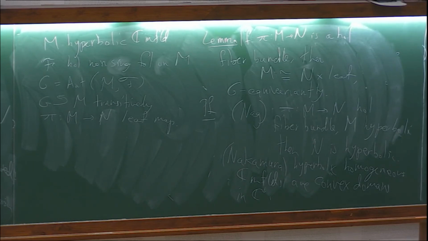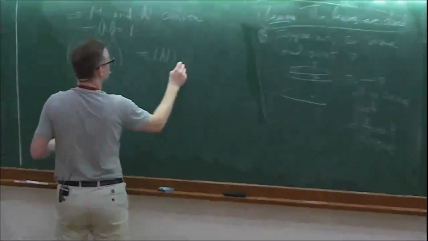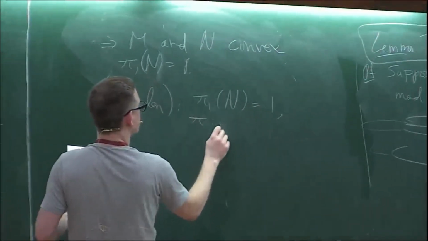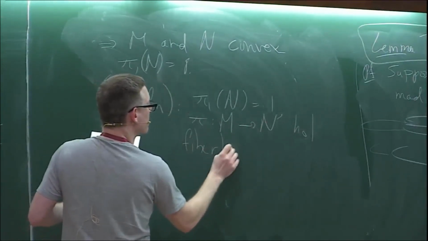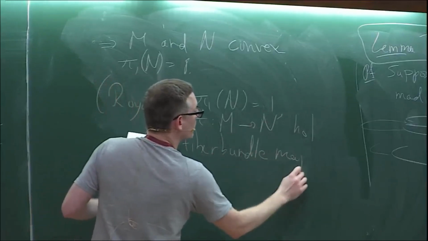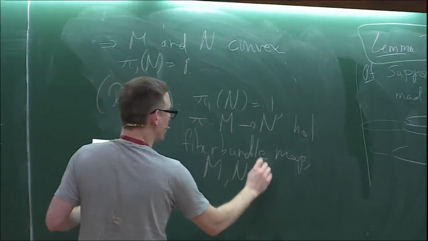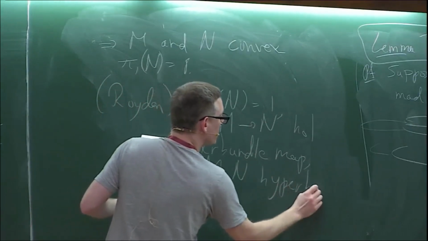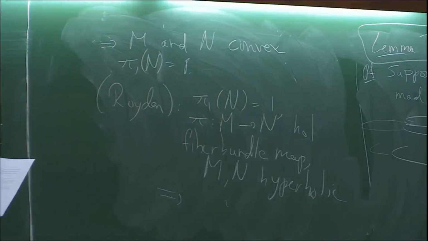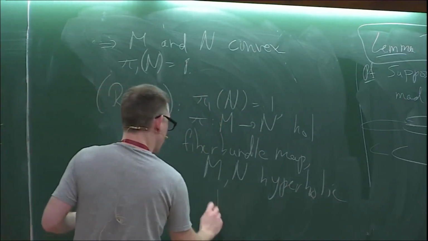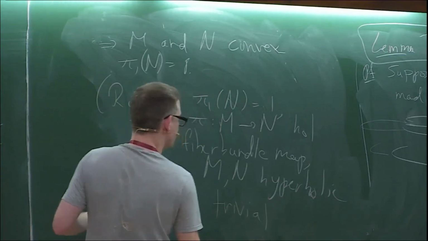And then there's a theorem of Royden: that if pi 1 of N is 1 and pi takes M to N is a holomorphic fiber bundle map with M and N hyperbolic, then all that put together, which is exactly what we have, implies that it's a trivial bundle.